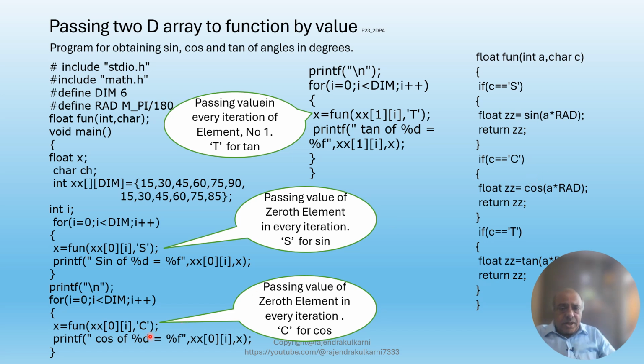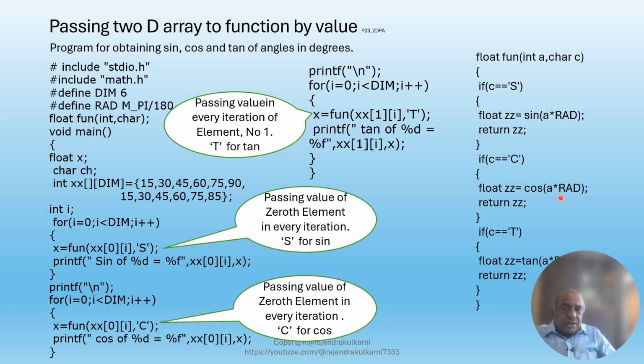Similarly, when we pass in the second for loop character C, this if will become true, and ZZ of this if will be assigned with cosine of the angle A, angles in degrees received in variable A of the function.